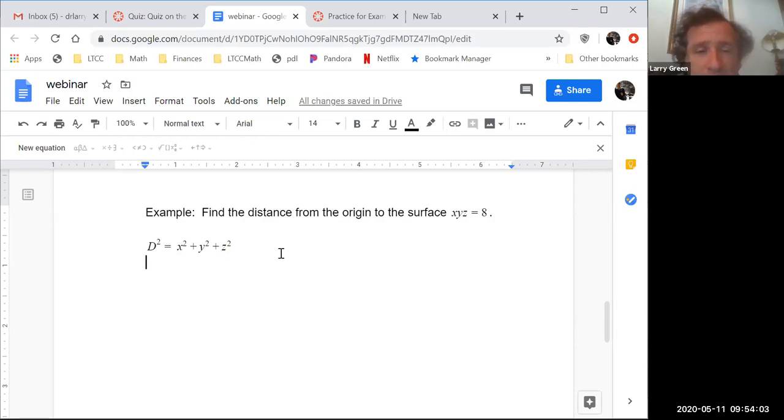Okay, and now what we can do is use Lagrange multipliers. I didn't write this down in the theorem, but the theorem works for however many variables you've got. I just wrote it for 2. It works for 3 also.